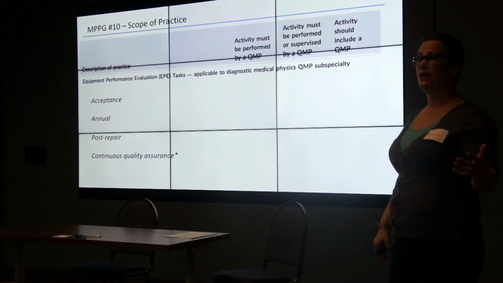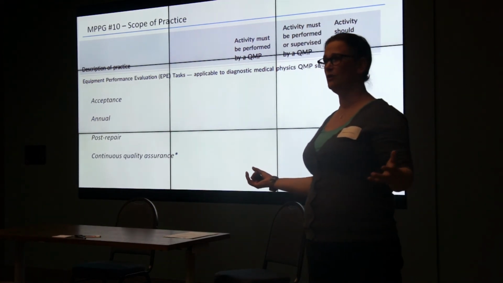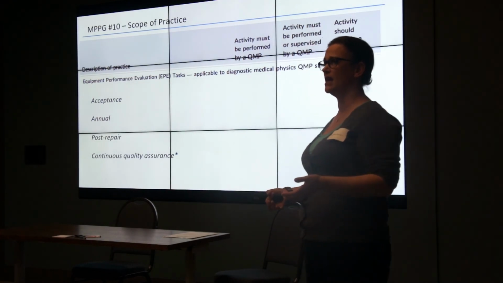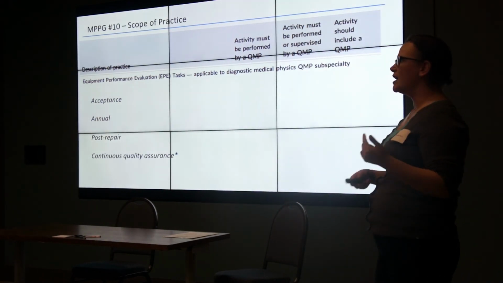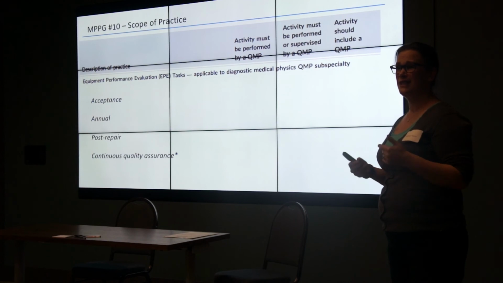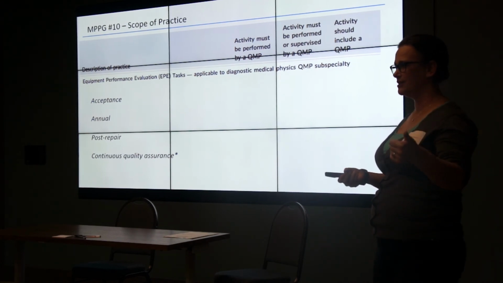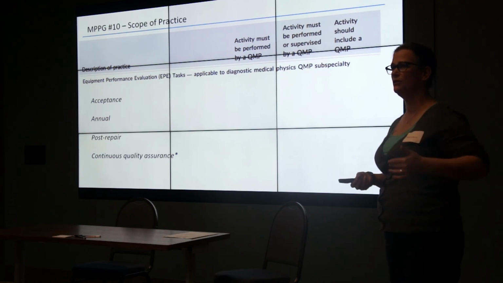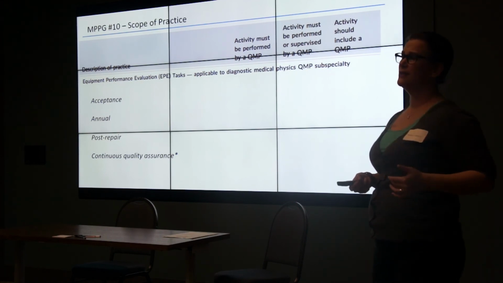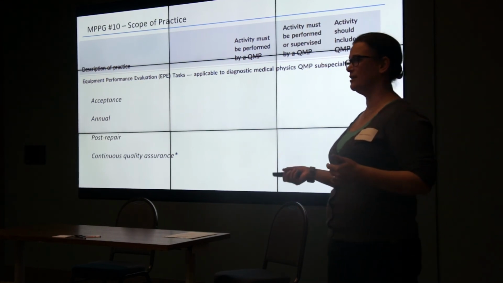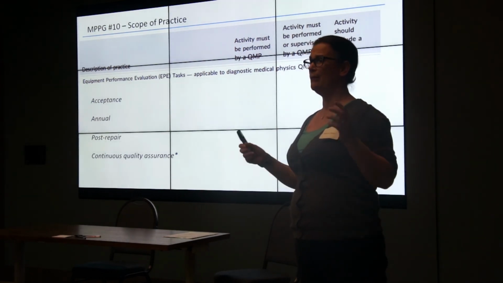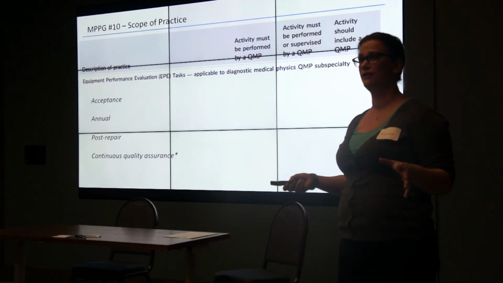There's a lot of discussion because people are saying, wait, you really should have a QMP doing all of your annual testing. And then there were a lot of us on the phone call saying, you know what, we actually see more problems after there's a repair, after there's been a tube replacement or something like that. That's when you usually see a problem. I will very often say that for a lot of the equipment testing for imaging, a minimally trained monkey could do most of it.